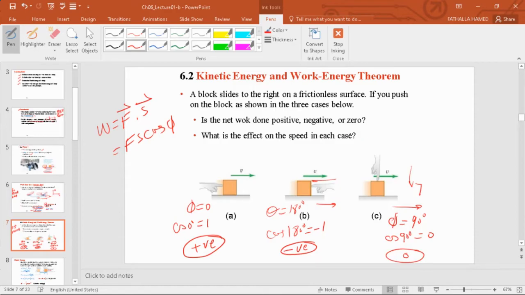Now in B, they ask what is the effect on the speed in each case. You're applying the force in this direction, so your acceleration and your velocity are in the same direction, meaning that you're going to speed up, so you're increasing your speed. Now in this case, the force is in the opposite direction, and you have no friction here, so that's the net force. So your velocity and your acceleration are opposite, and that will slow you down.